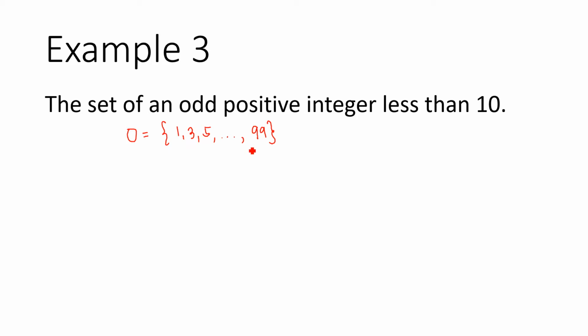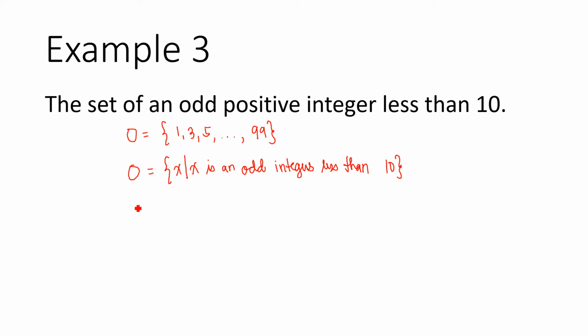For this example, the positive odd integers less than 10, you could have O, equal sign, open the bracket, then x such that x is an odd integer less than 10. Okay, this is set builder notation.